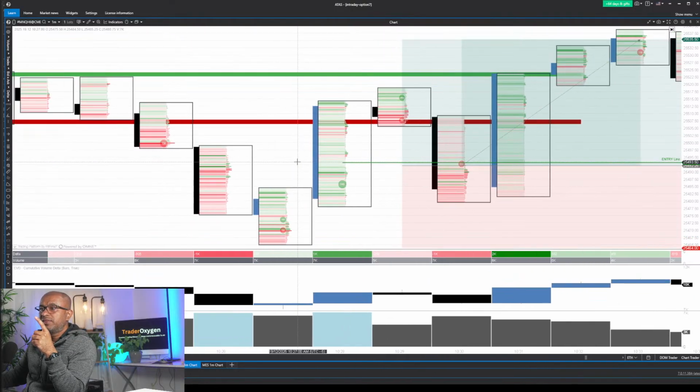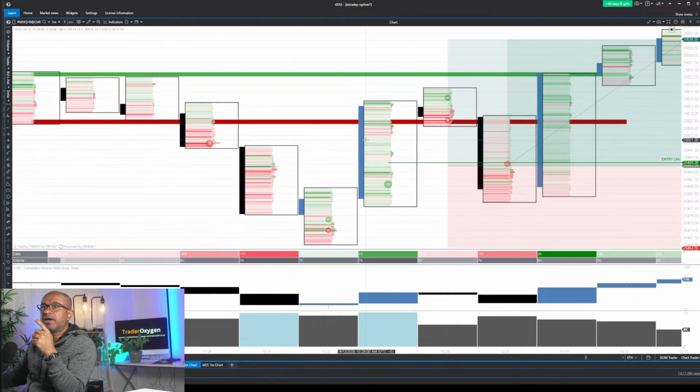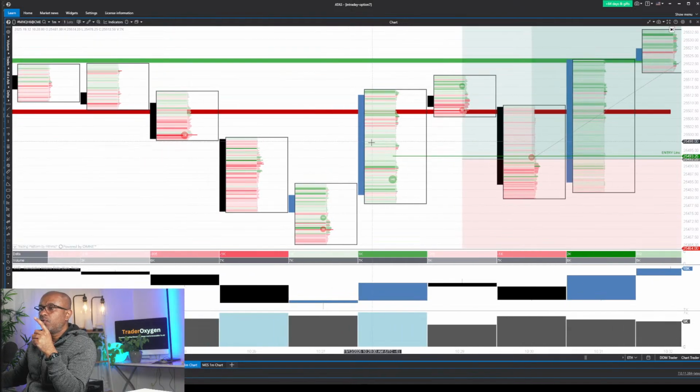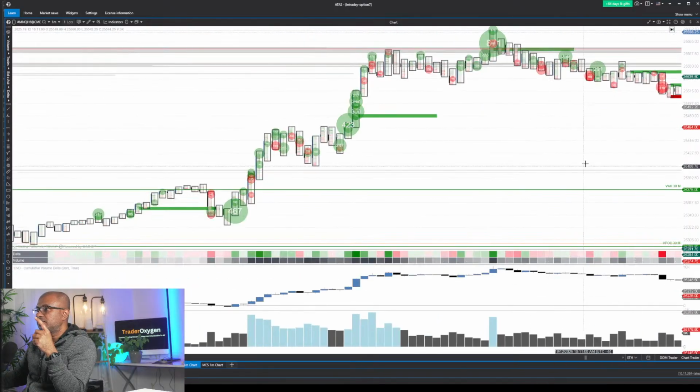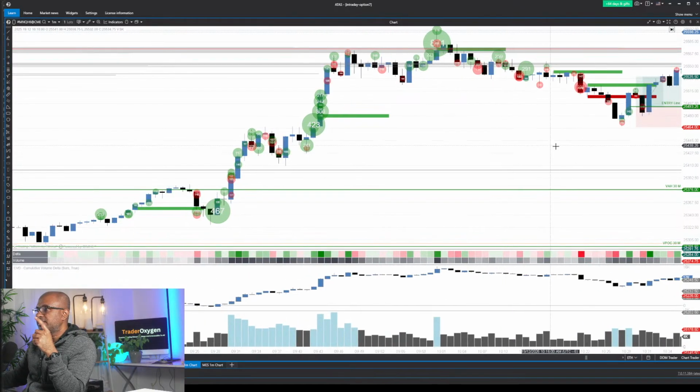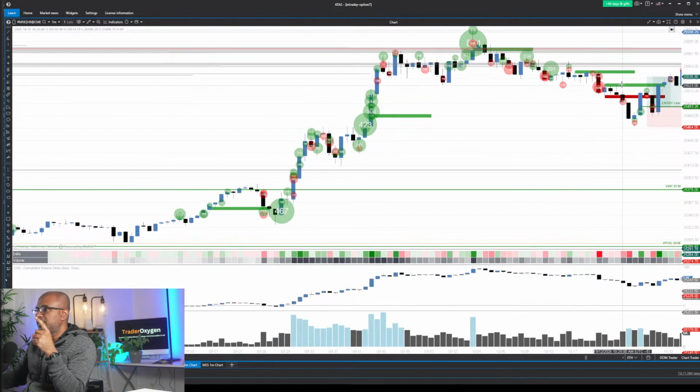So now this blue candle is where the price pushed up. When I zoom, I can see during that small retracement, again I will quickly zoom down to show you the exact point. You see the price retraced, pushed up.